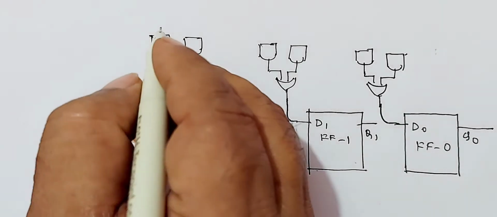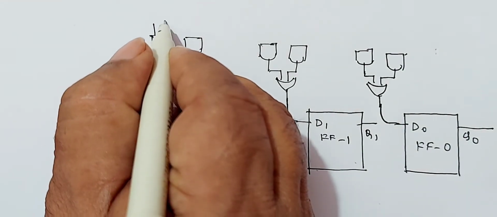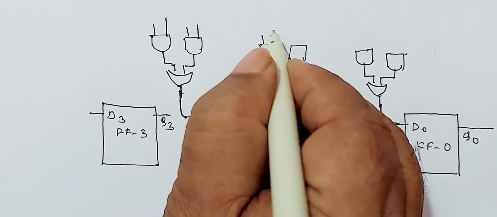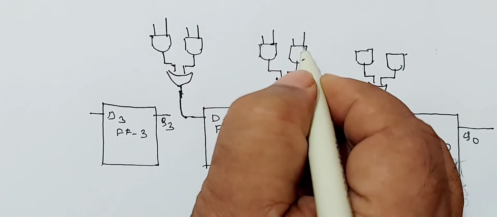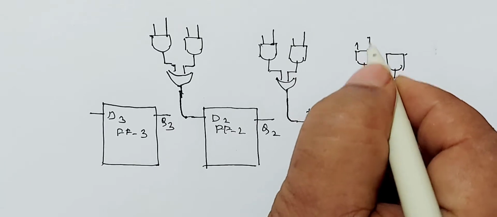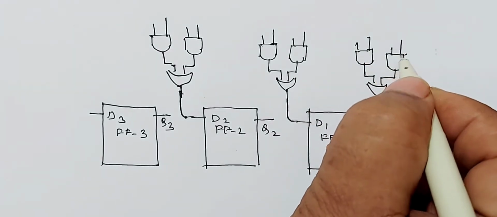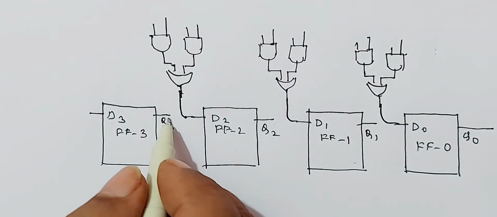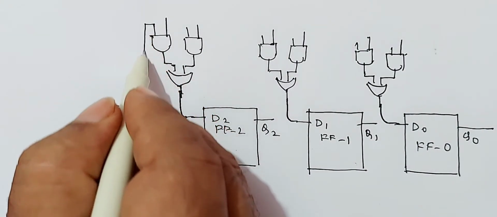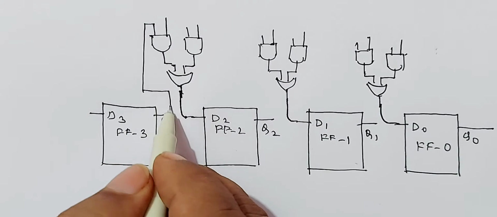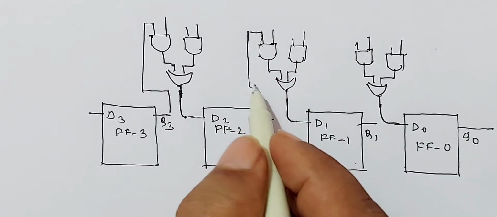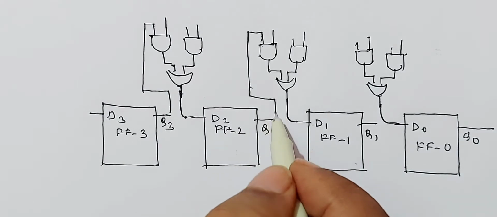Okay. Then take this 2-input AND gate. One of the inputs is connected to Q3. Connect this input to Q2.